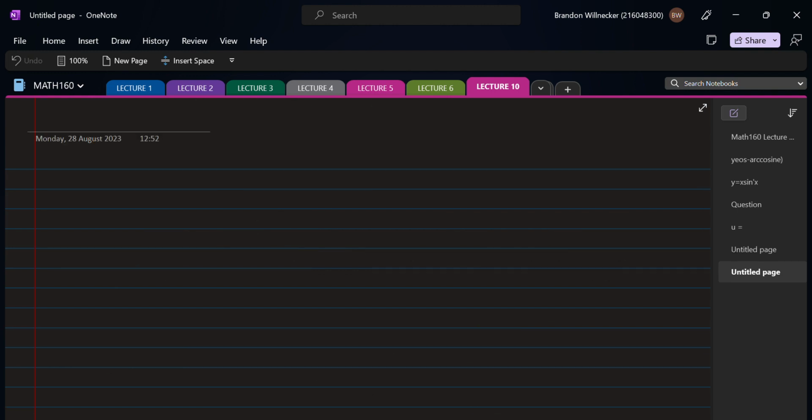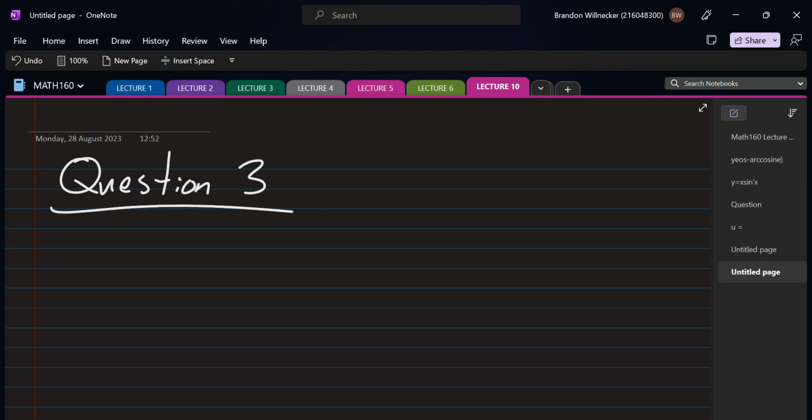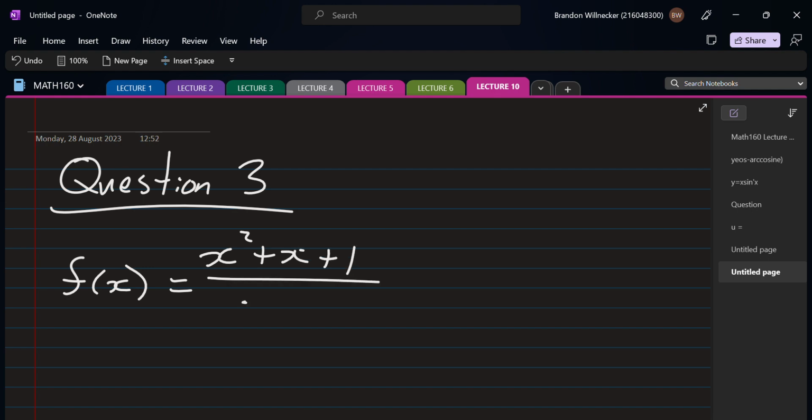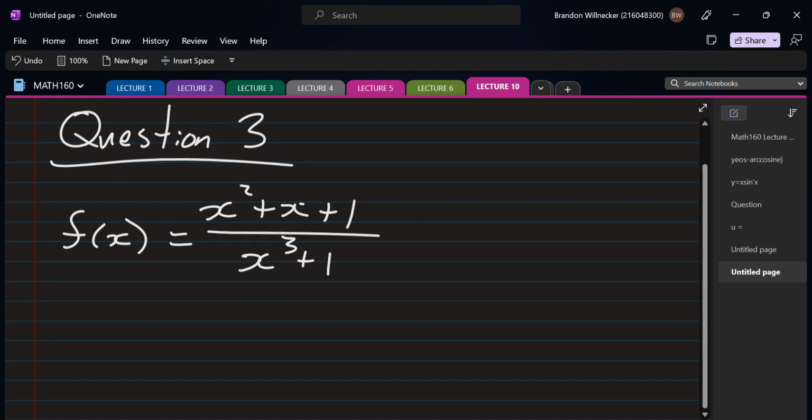Okay. Question 3. So we had the following function and we wanted to find an approximation. It was x squared plus x plus 1 over x cubed plus 1.